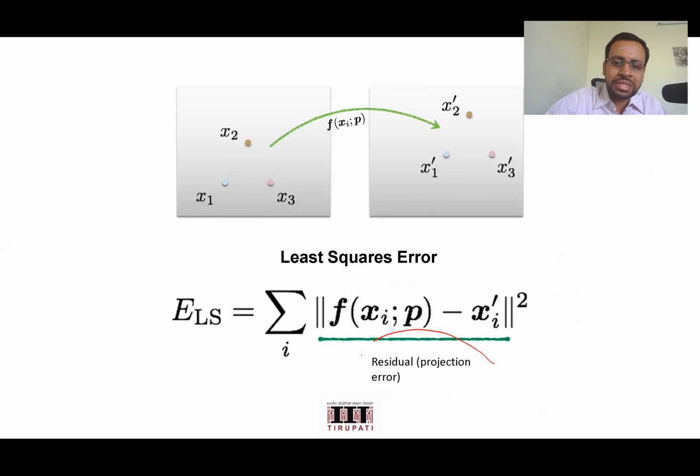This is referred to as a residual, something that remained after subtracting. Through this matrix you are projecting one to the other, but there is some error that you are obtaining there. That's why this is also referred to as projection error.